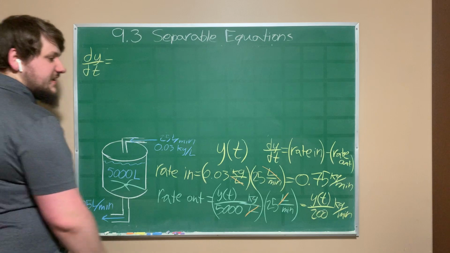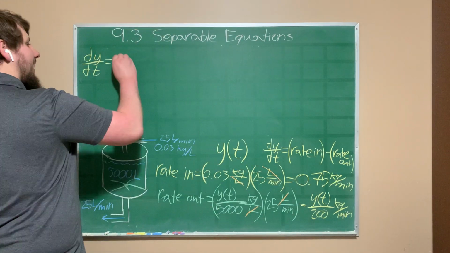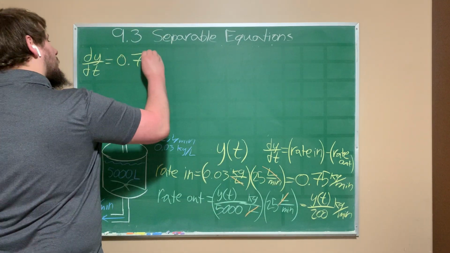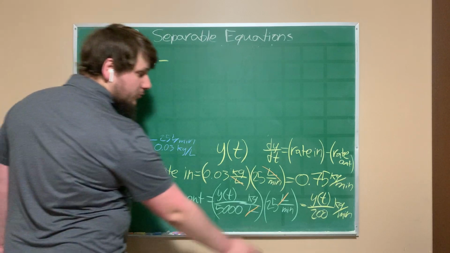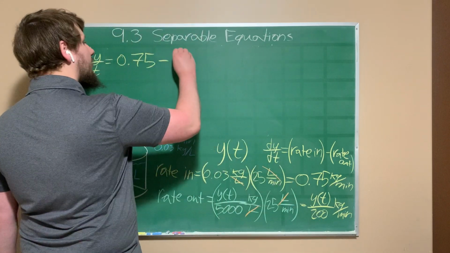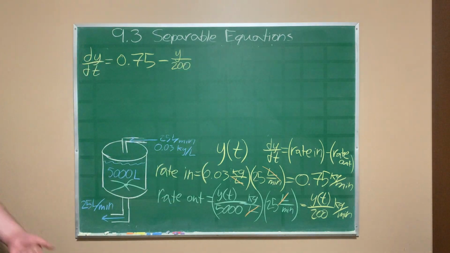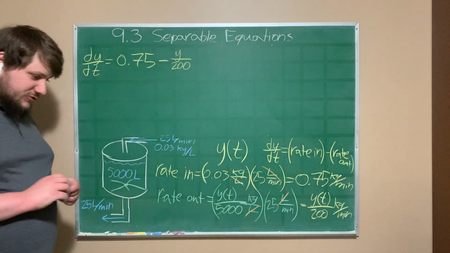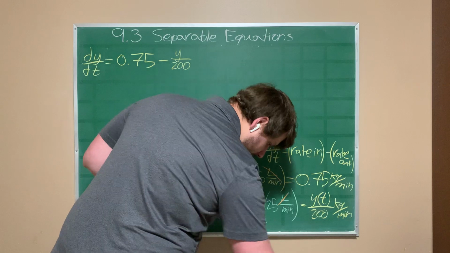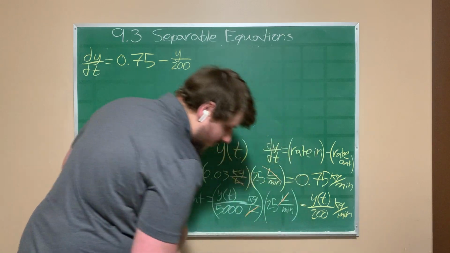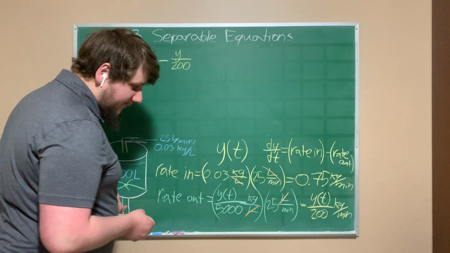It's going to be the rate in, which is 0.75, minus the rate out, which is y of t over 200. Now I'm just going to write y so that the variables are a little bit easier to track as we go through here. Okay, so now I have my differential equation.